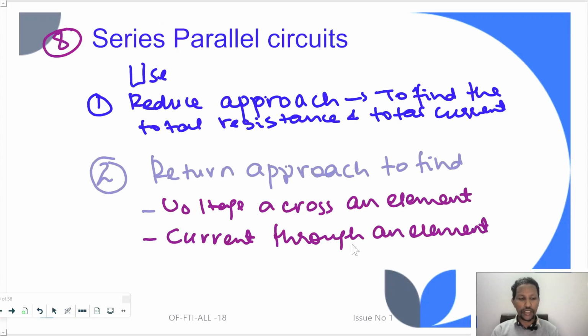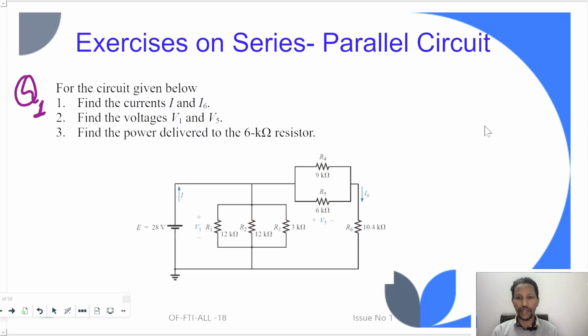When it comes to the series parallel circuit, we use the reduce approach for determination of the total or equivalent resistance and the total current, and we use the return approach to find the voltage across each element and the current through each element.